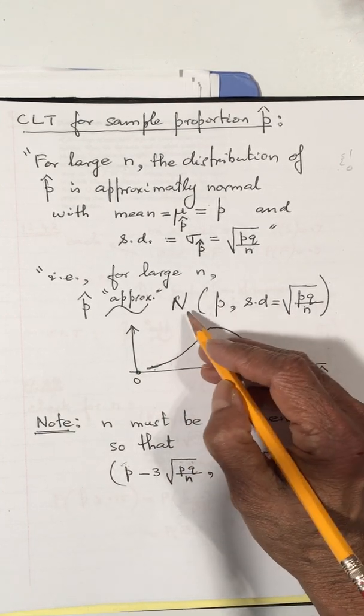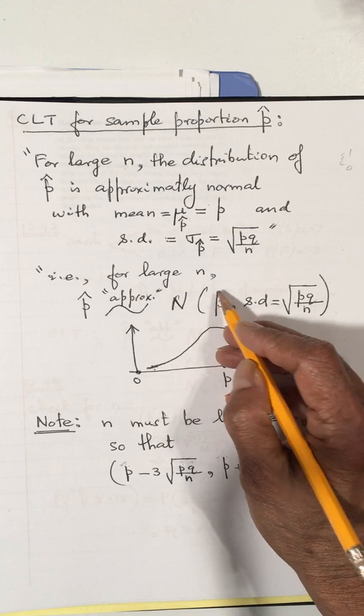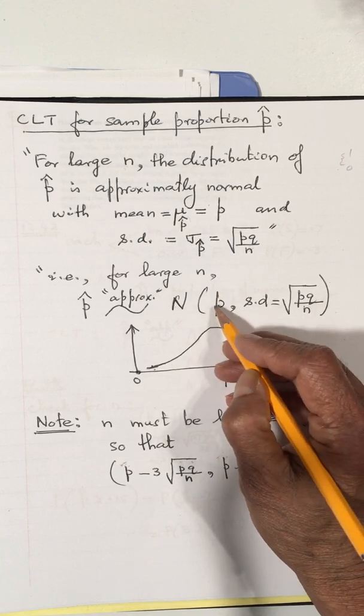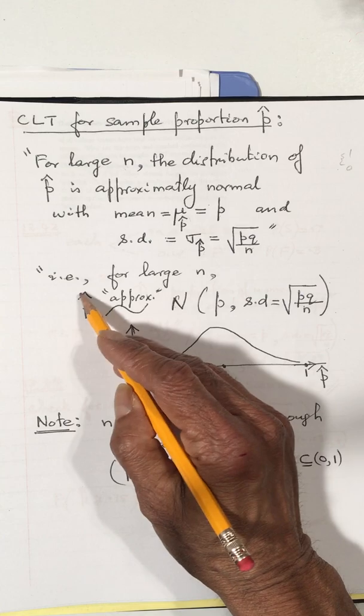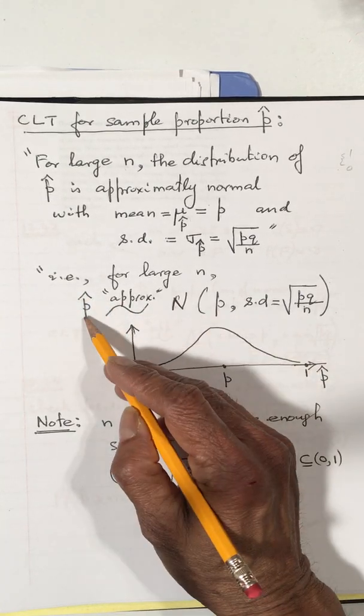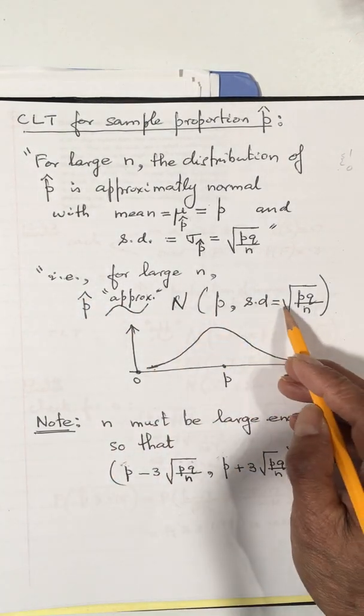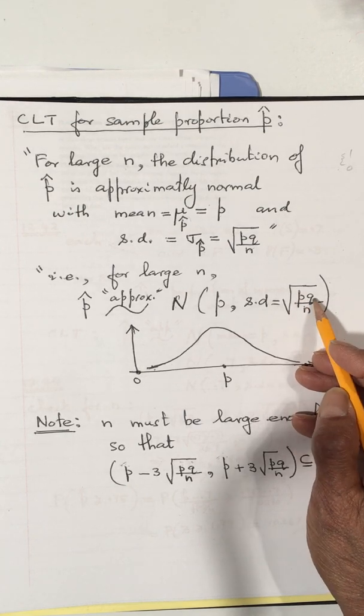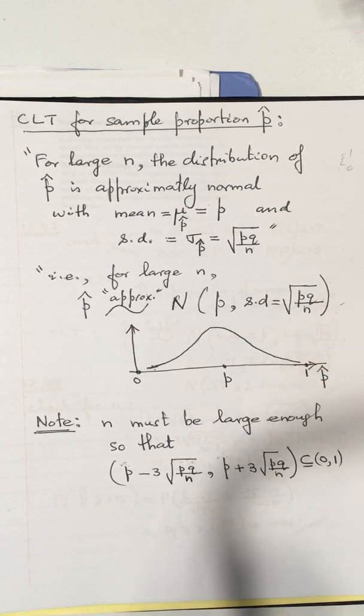It's centered at P, in other words the mean is P, and the standard deviation is the square root of PQ divided by n.